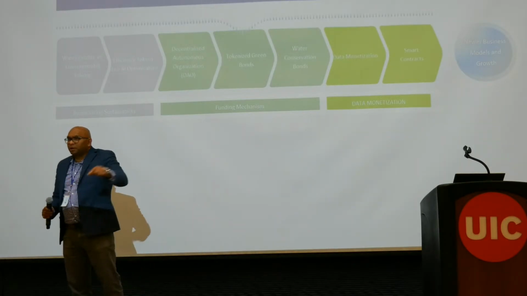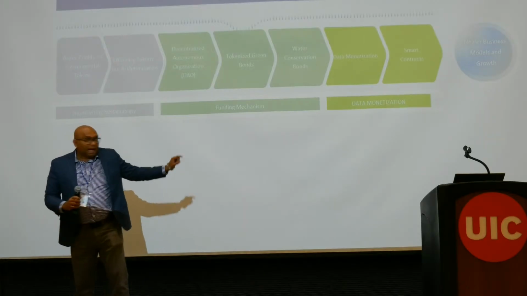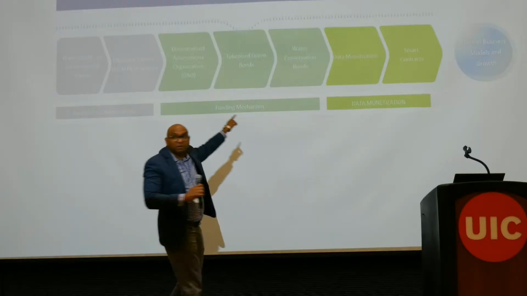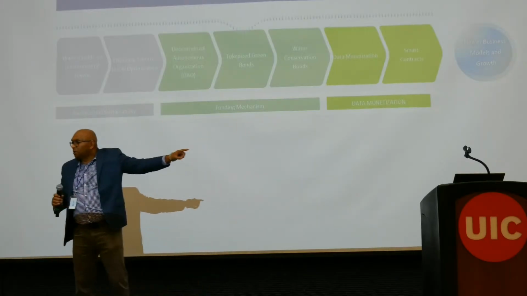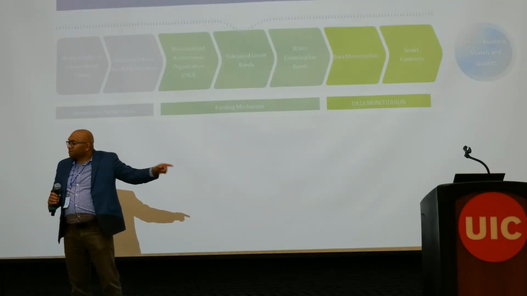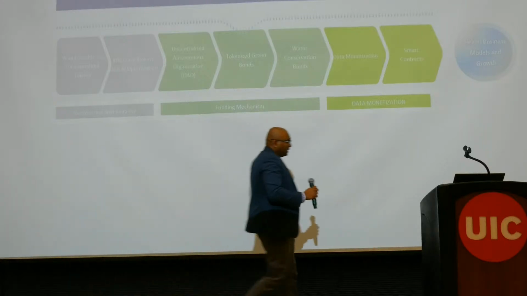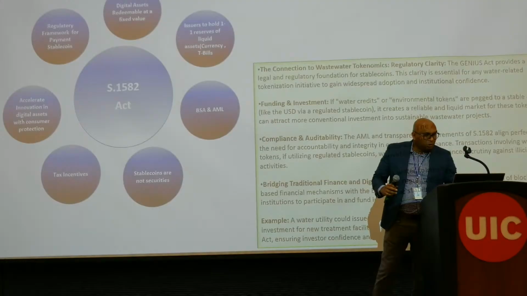So long story short, because wastewater management is so capital intensive, the Genius Act is providing ways to incentivize your token. You can get money. The traditional ways of raising fiat currency are good, but I have 1 minute, so I have to rush.